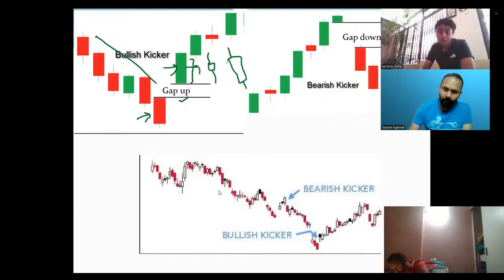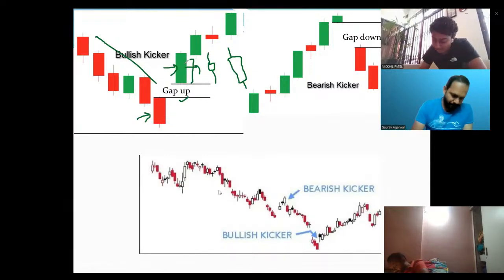It can't be like this body here, but green. It has to be green, and the body has to be solid. Okay, and solid.